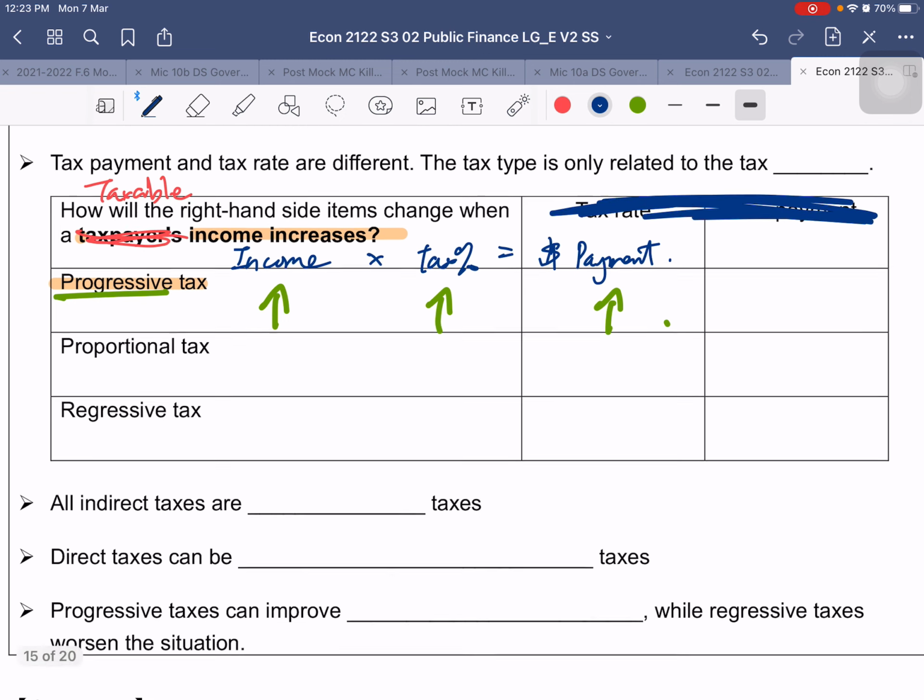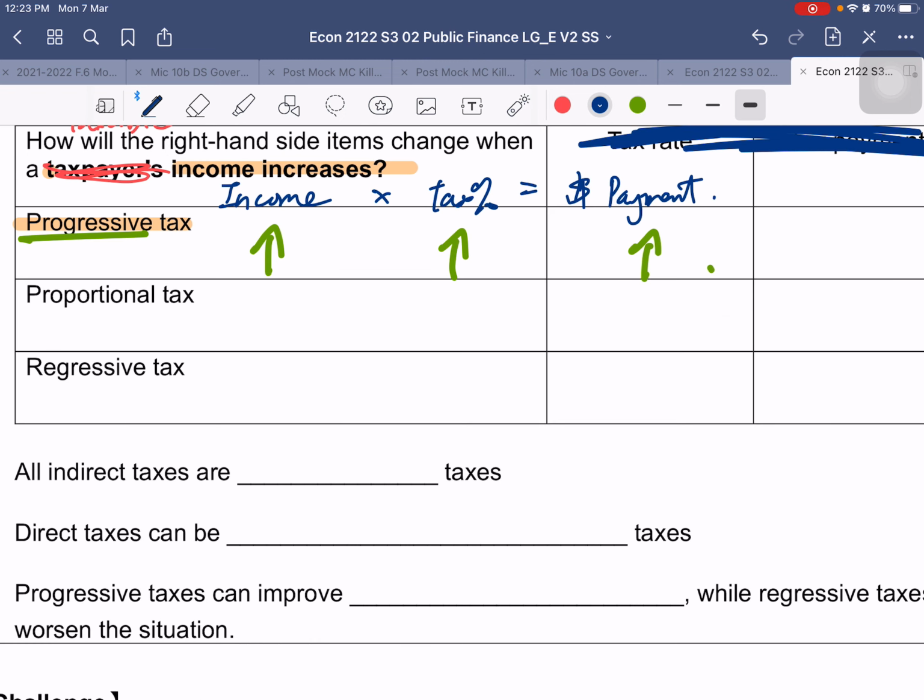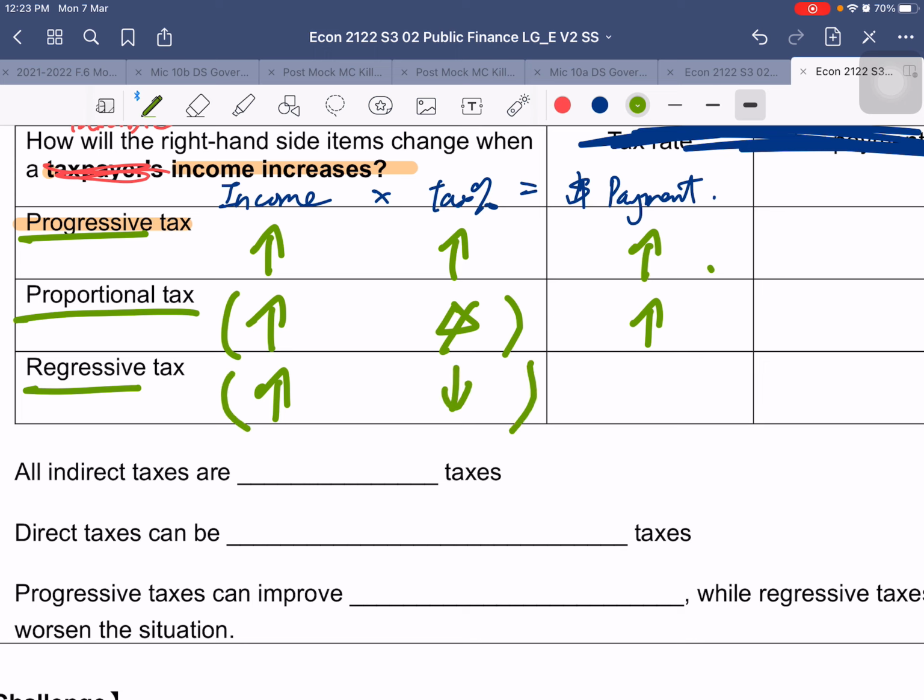Secondly, when we talk about the proportional tax, that means when the taxable income increases, the tax rate remains unchanged. So together, the effect is increase. For regressive tax, taxable income increases and the tax rate decreases. Together, it seems like unchanged, right?